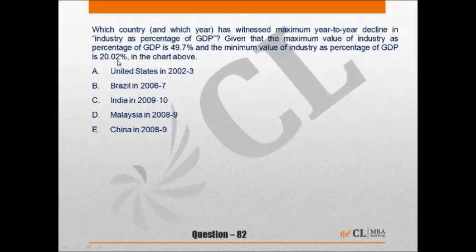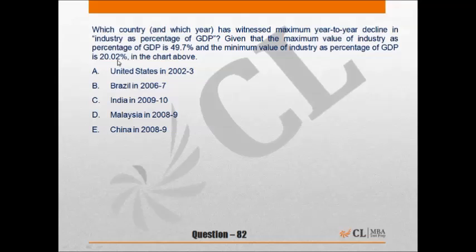In the next problem, it is asked which country has witnessed the maximum year-on-year decline in industry as a percentage of GDP, given that the maximum value of industry as a percentage of GDP is 49.7%, which means no country spent more than 49.7% of their GDP on industry, and it was not less than 20.02% for any of the countries.